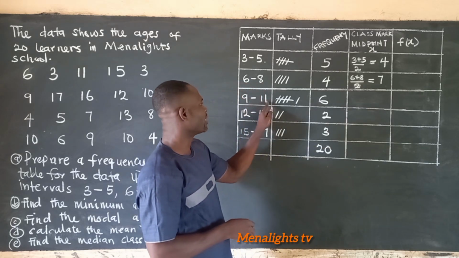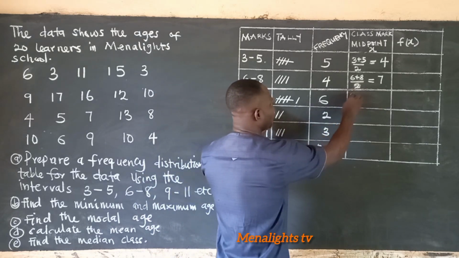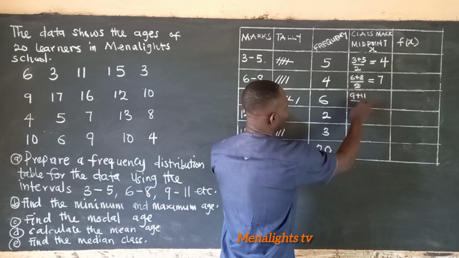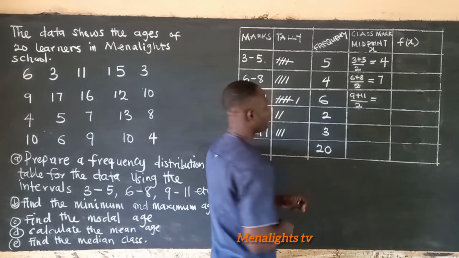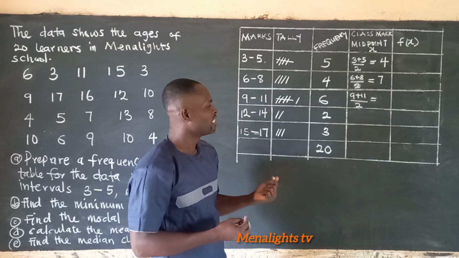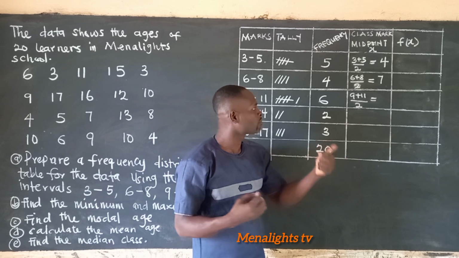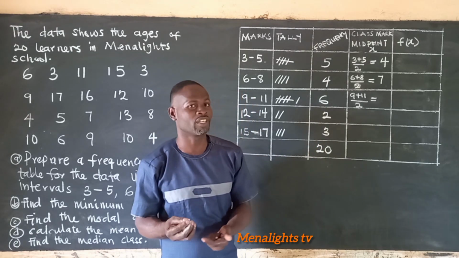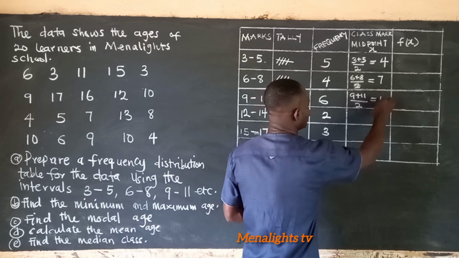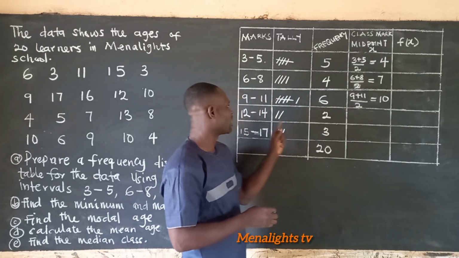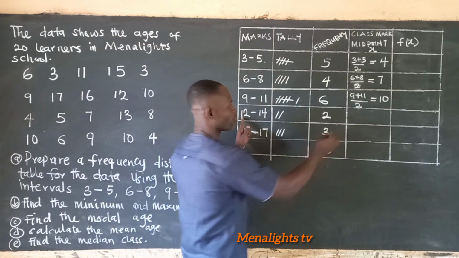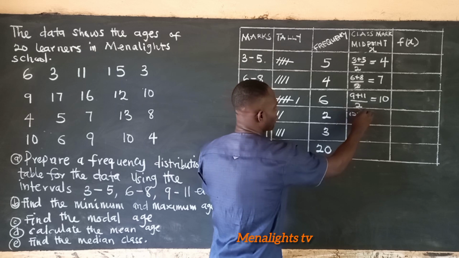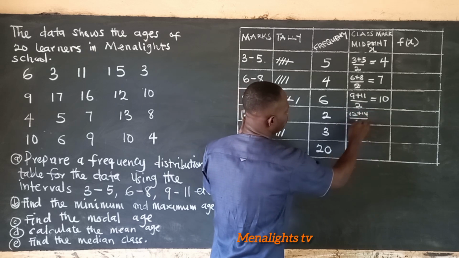We come to 9 to 11, which is 9 plus 11 divided by 2. 9 plus 11 will give us what? 20. 20 divided by 2 will give us 10. So we have 10 here. Then we come to the next one, 12 and 14. So 12 plus 14 divided by 2.